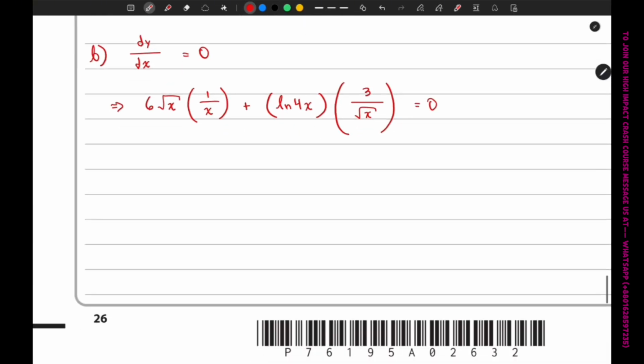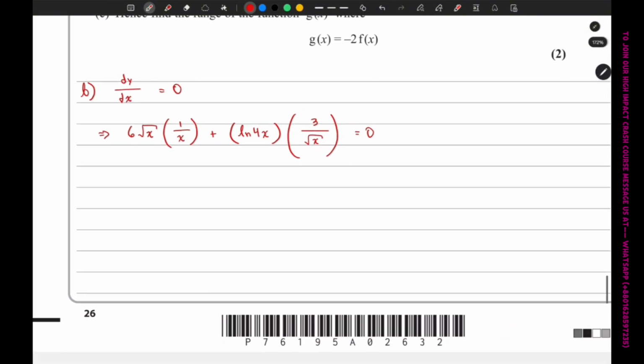equals 0. Now let's multiply this. Since this is an equation, we can multiply this whole equation by root x, because I want to get rid of this one. So if I multiply the left hand side by root x, I also need to multiply the right hand side by root x.